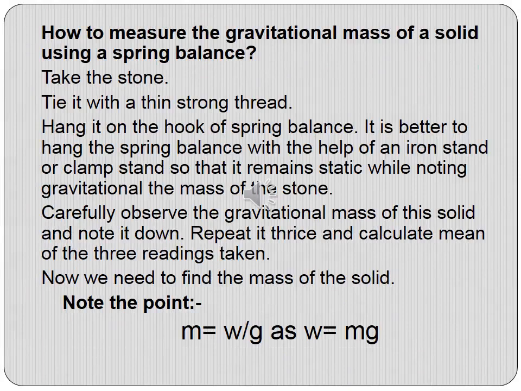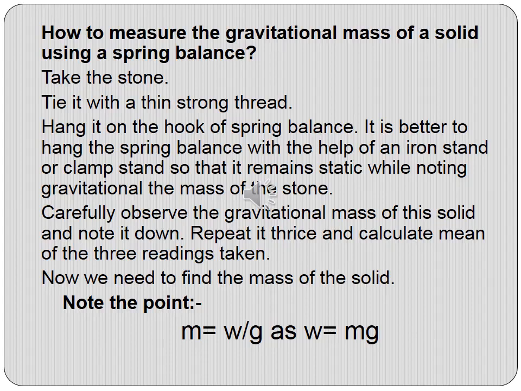Next, you have to calculate the mass of the solid by measuring the weight of it using a spring balance. Take the stone, tie it with a thin strong thread, and hang it on the hook of the spring balance.